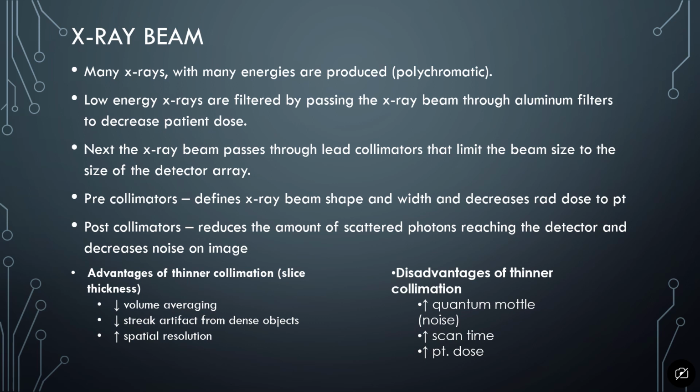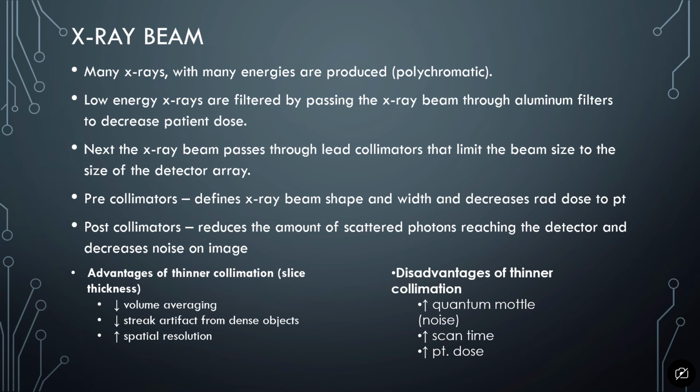Next, the beam passes through lead collimators that limit the beam size to the size of the detector array. This has to do with the width and depth of the X-ray beam. Those are the pre-collimators. They define the X-ray beam shape and width, which decreases the radiation dose to the patient.